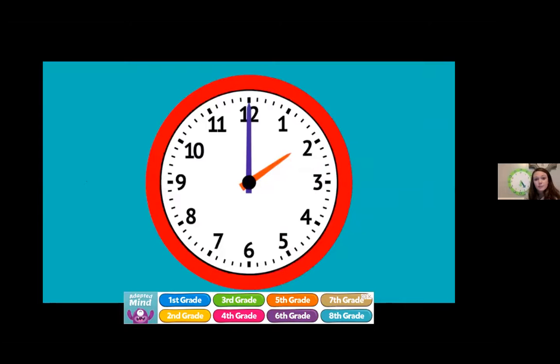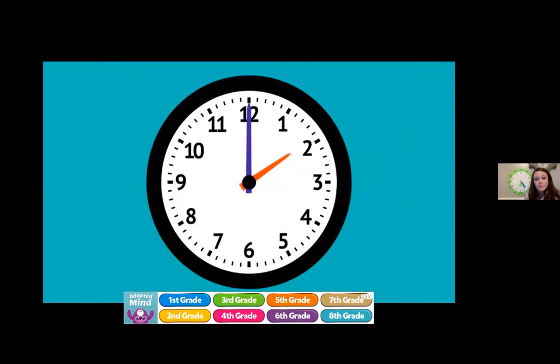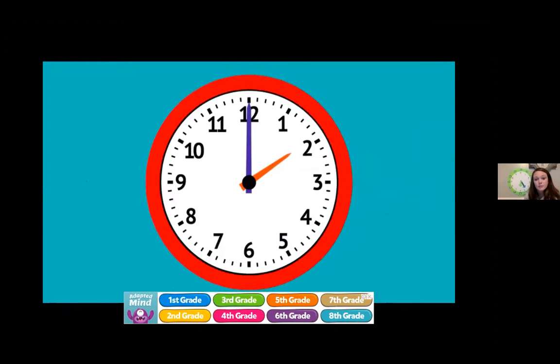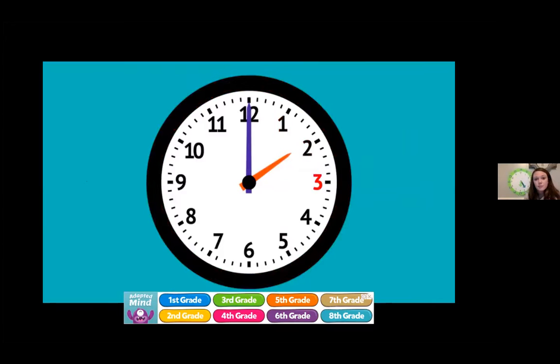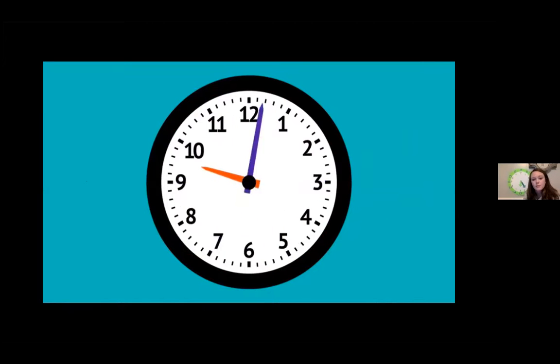Analog clocks can be the shape of a circle. The numbers on the clock go from 1 to 12. A short and long hand go round and round. Both hands go round all day and night.